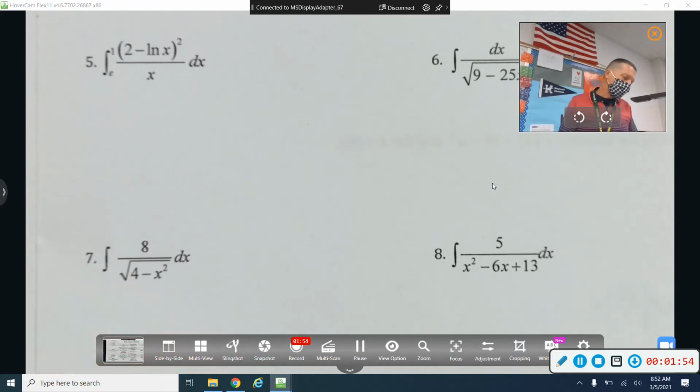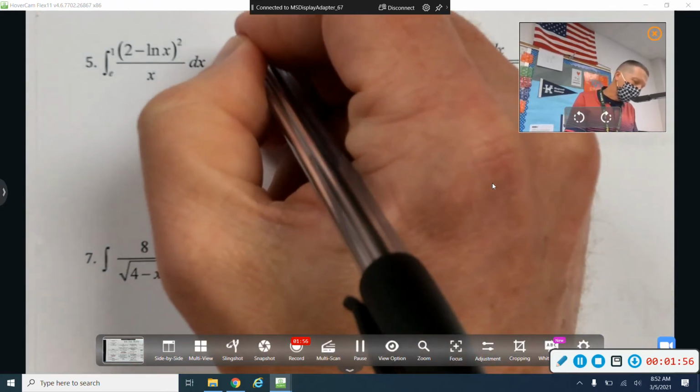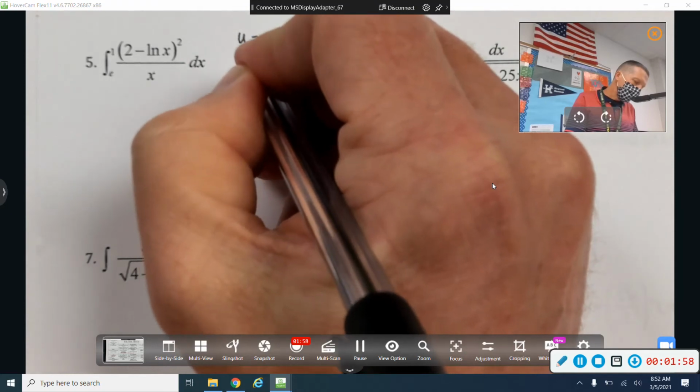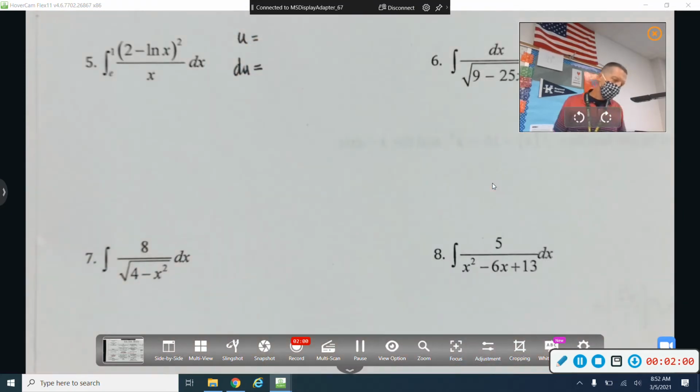Nick, you got a guess for what u should be? Long division is for when the top power is bigger than the bottom power, not when there's a natural log involved. What's the derivative of natural log? Not 1 over natural log, but 1 over x.